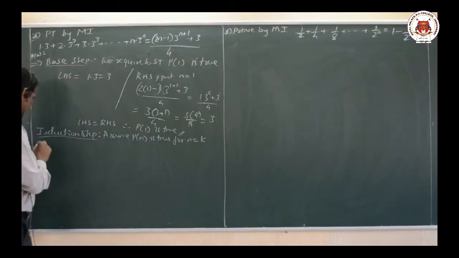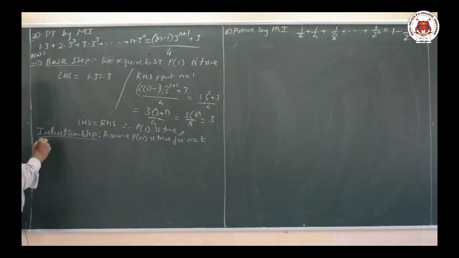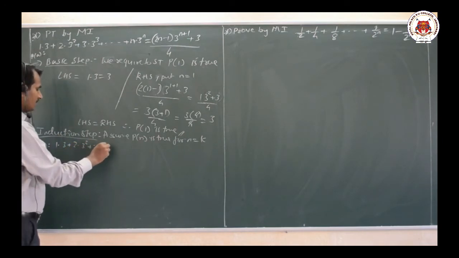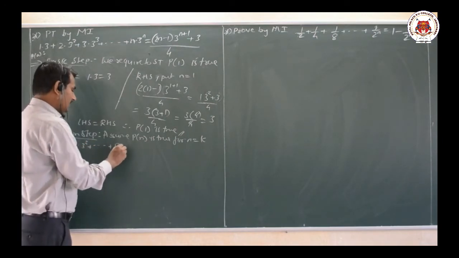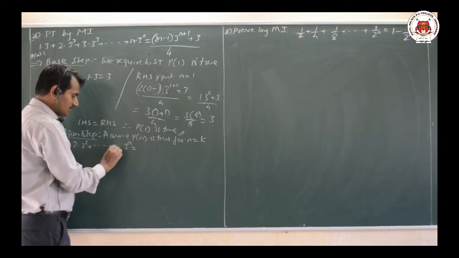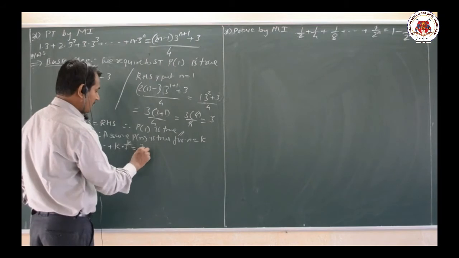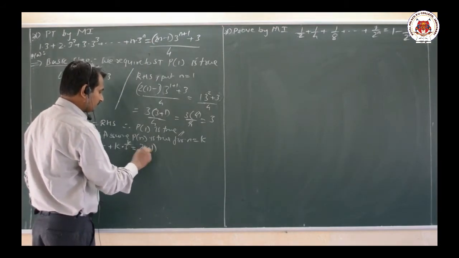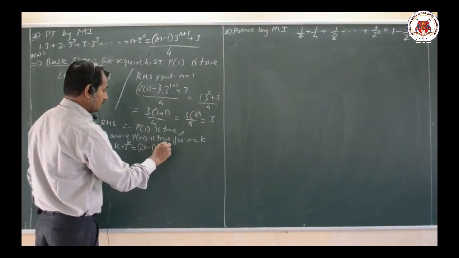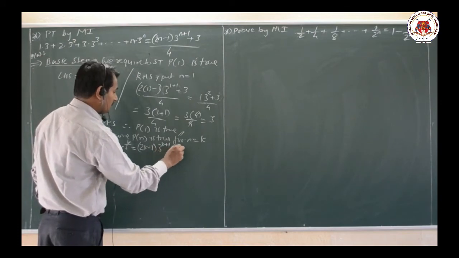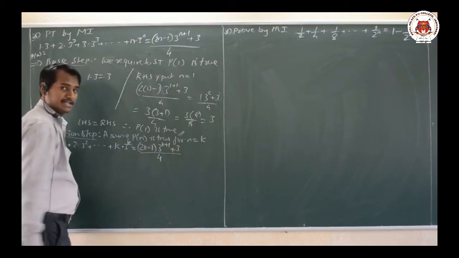That means the statement P of k will be 1 into 3 plus 2 into 3 square plus up to n into 3 raised to n. In the place of n, put k. That is k into 3 raised to k, equal to 2k minus 1 into 3 raised to k plus 1, plus 3, divided by 4.